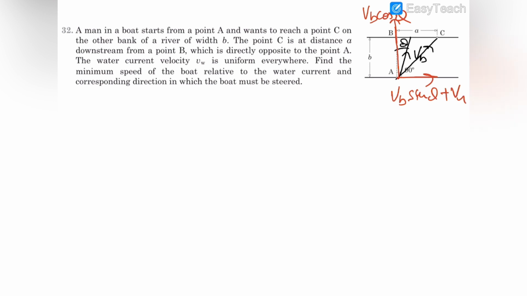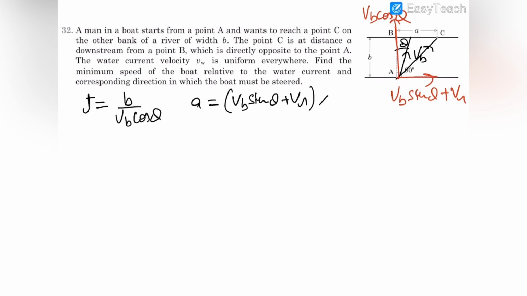Okay, so now the time taken by this boat to cross the river would be B upon VB cos theta, and the drift is A, so drift would be due to this velocity. So it would be VB sin theta plus VR into time.